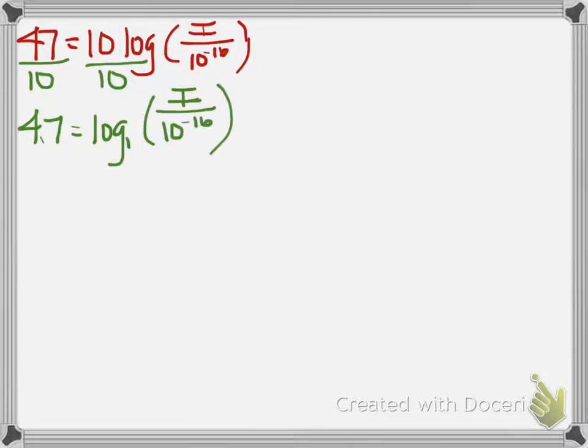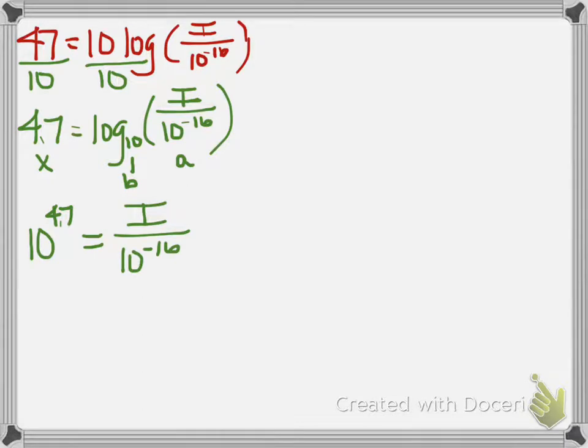And again, remember, this is base 10. Using my definition of log, this is my b, this is my a, and this is my x. So writing it in exponential form, I get 10 to the 4.7 power equals I divided by 10 to the negative 16. Because I have division here, I can simplify this by multiplying by 10 to the negative 16th on both sides.